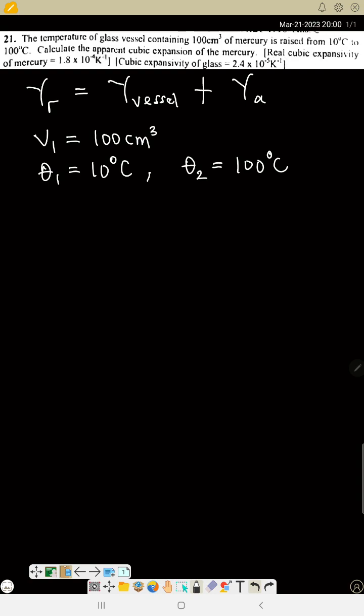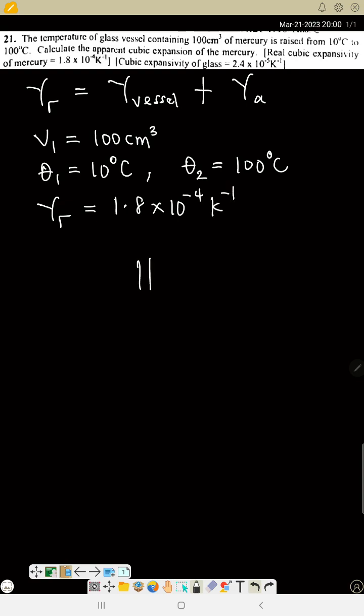The real cubic expansivity of mercury is 1.8 times 10 raised to power minus 4 per Kelvin.